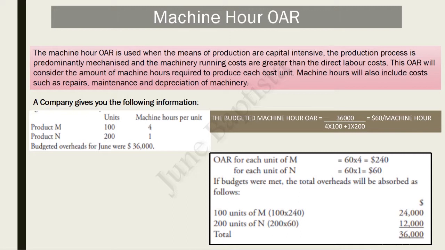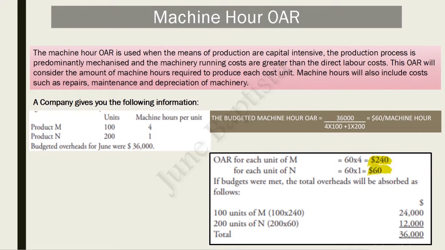The OAR for each unit of M works out to 60 times 4 equals $240. This is because M uses 4 machine hours per unit. The OAR for each unit of N is 60 times 1, which is $60.